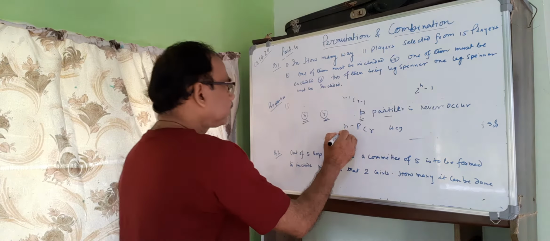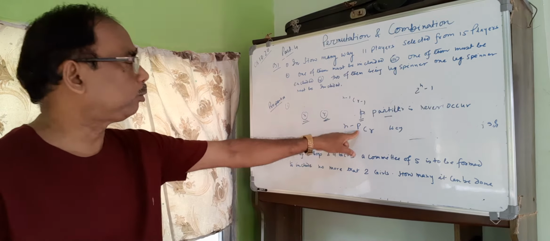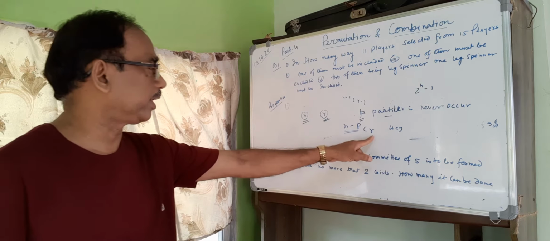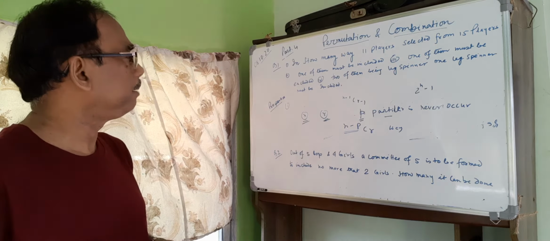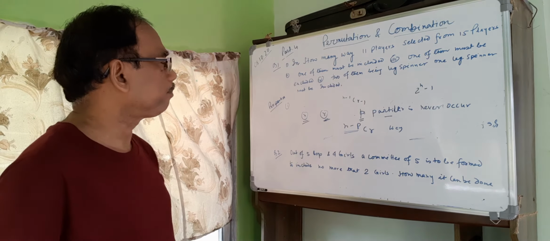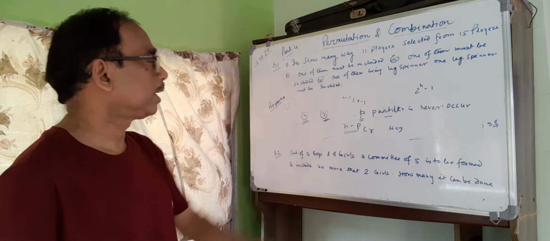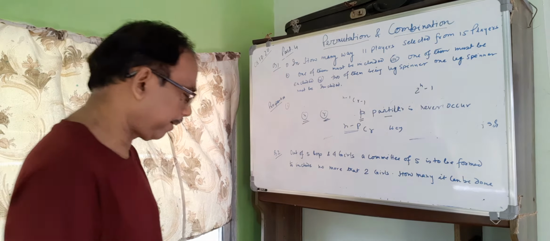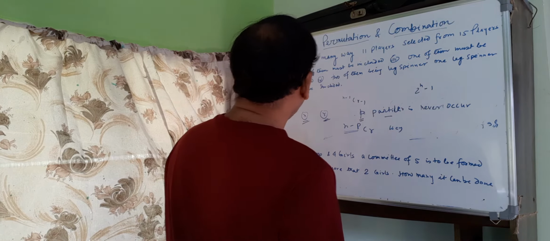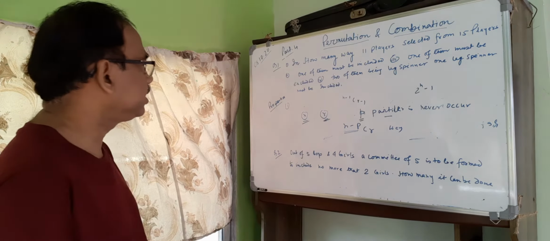Therefore, the number of things is n minus p. From n minus p, you have to select or choose r things, that is n minus p C r. Always keep in mind: always occur then n minus p C r minus p, and never occur n minus p C r. And another one, from n different things you have to select r things, that is nCr ways.